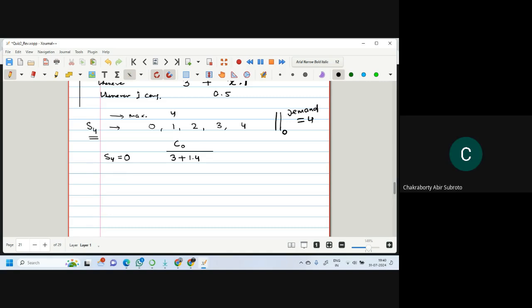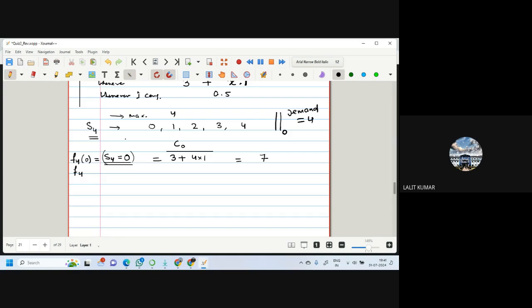It is 1 into 4. So I am ordering. I don't have any item, so I have to order 4 quantities, and cost of each is 1. So I write this as F4(0), when S4 is equal to 0, is equal to 3 plus 4 is equal to 7. I order 4, I spend 7 rupees, I consume 4, and this is my cost.